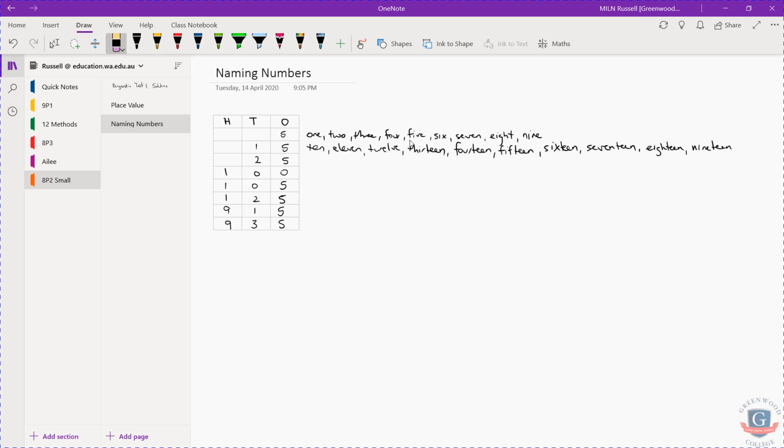Now, we call these teens even though these first three don't have teens. These are the tweeny numbers. And we have to be a little bit careful with them.